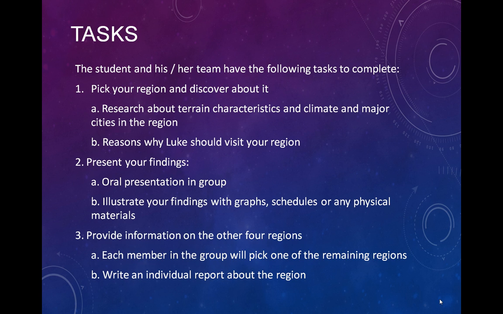And third, provide information on the other four regions. Each member of the group will pick one of the remaining regions and write an individual report about it. In this way, not only does the group understand their picked region, but they also research more about the other regions based on the other groups' presentations.